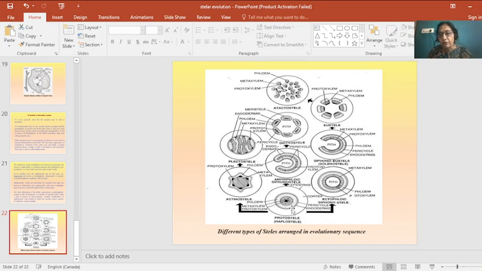In another line, we see from the protostele develops the ectophloic siphonostele. This ectophloic develops into eustele, and from the eustele develops again the atactostele. Thank you.